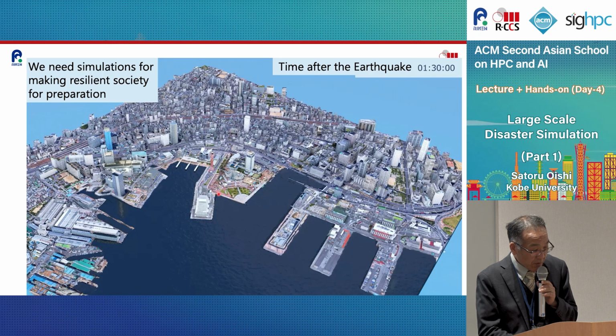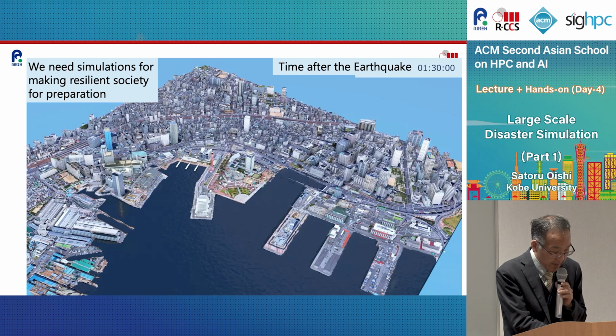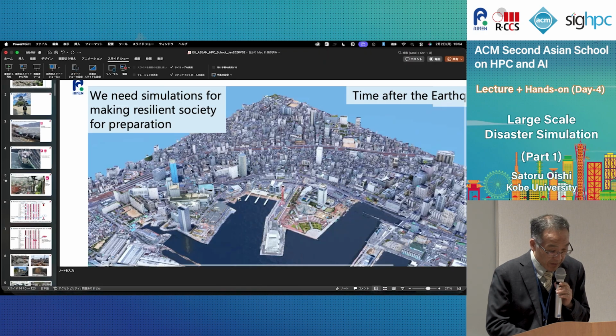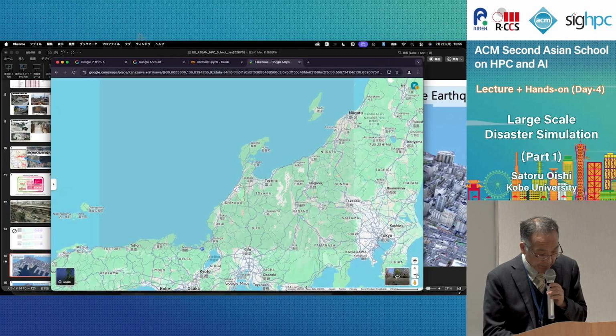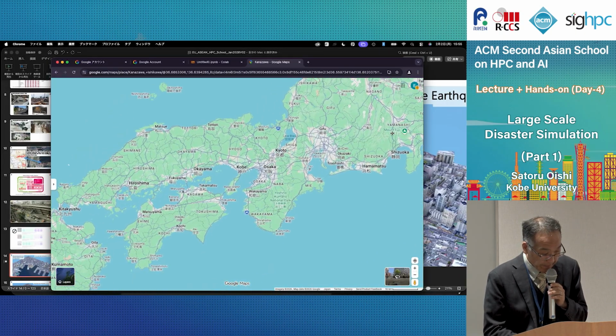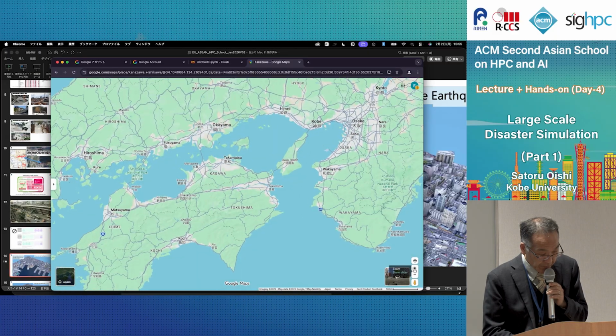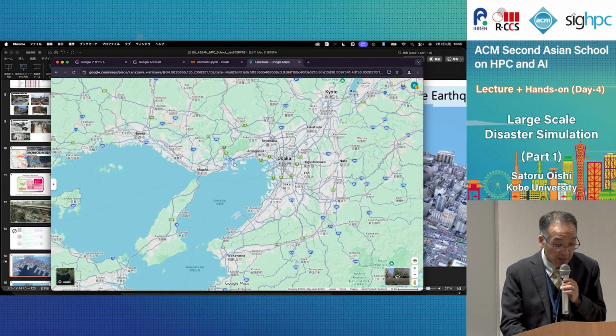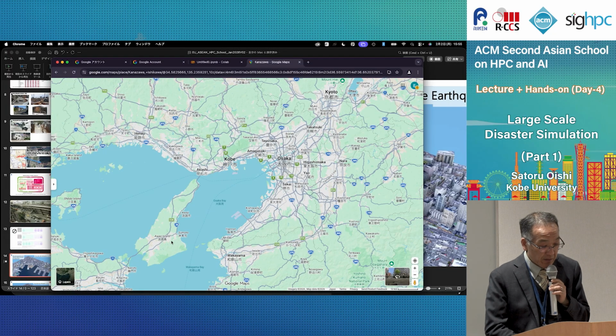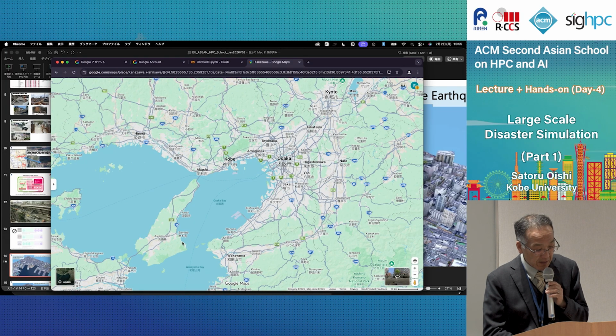So this is Kobe port. I would like to show the whole image by Google Map. Now we are here in Kobe. This is Awajishima.